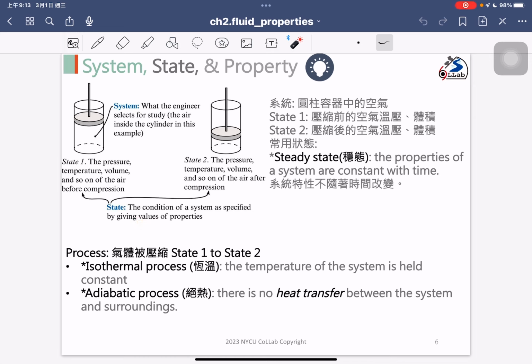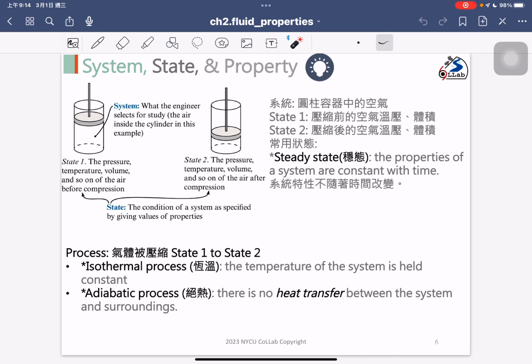So what does that mean? I have state 1 and state 2, and the given values of the properties depend on how many properties are involved in the system. As I mentioned, our target system is the air. So for the properties, I may pick the temperature, the pressure, the volume and so on. These are the properties involved in the system.